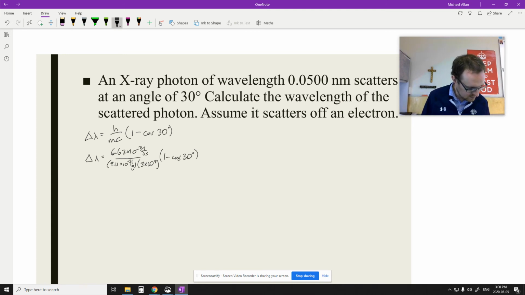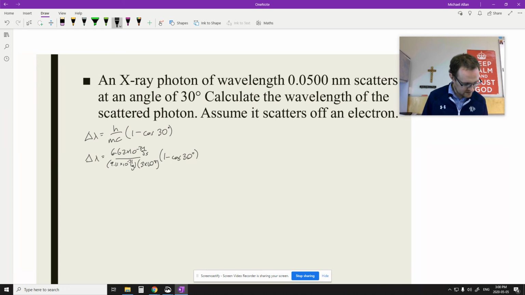Okay, making sure your calculator's in the right mode here. You gotta make sure. Okay. I'm gonna go 6.63, divided by bracket, what do we have here, times the speed of light. Awesome.